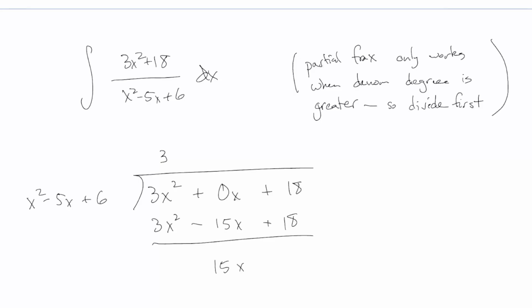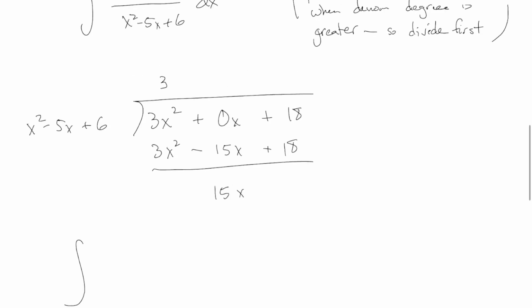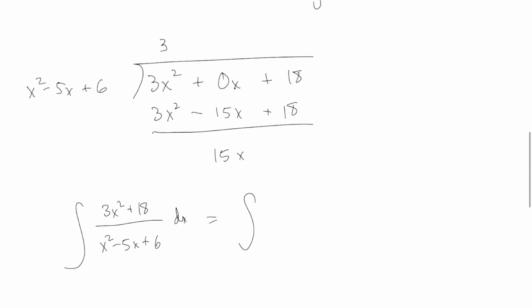All right, so what that means is that my original integral, 3x squared plus 18 divided by x squared minus 5x plus 6 dx, actually equals the integral, and now I'm going to write the quotient and the remainder. So the quotient is just 3, plus the remainder part.